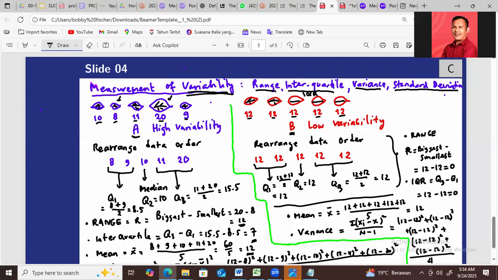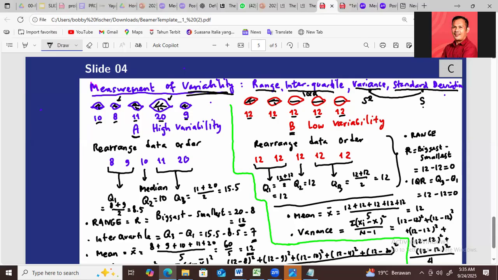Especially the variance and standard deviation are very common parameters in statistics, which we use very often. Variance is symbolized with the symbol S squared, and the standard deviation is symbolized with the symbol S. So this is S squared, and this is S.